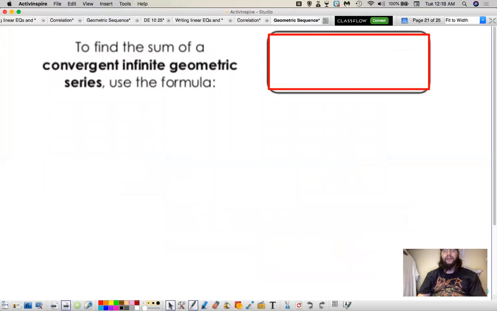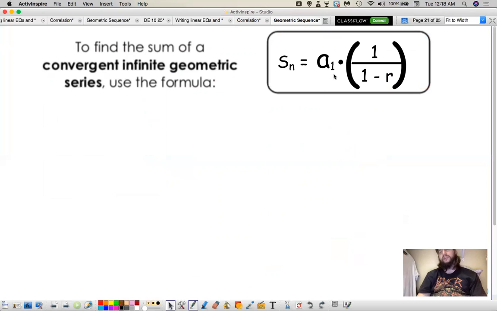Now to find the sum, we got this nice formula, which is even nicer than the one before. A1 times 1 over r minus 1. I said that wrong. The sum is A1 times 1 over 1 minus r. This is our formula. Just look at it. Beautiful, isn't it?